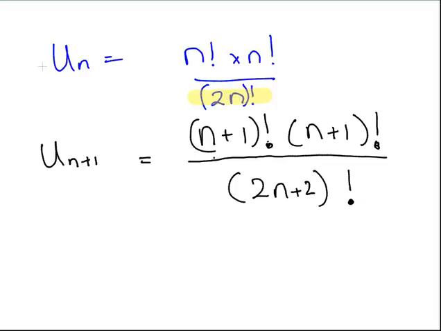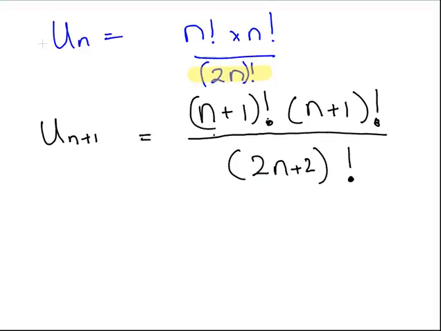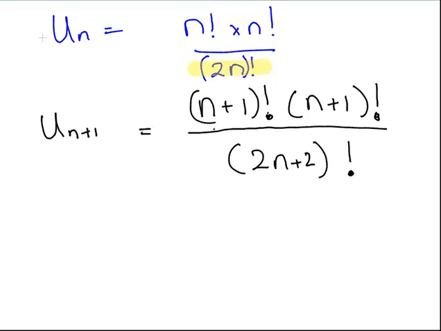Now what we're going to do here is rewrite a couple of these terms. (n plus 1) factorial can be rewritten as n plus 1 times n factorial.